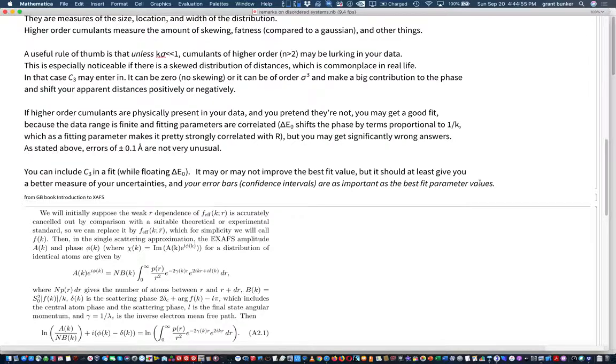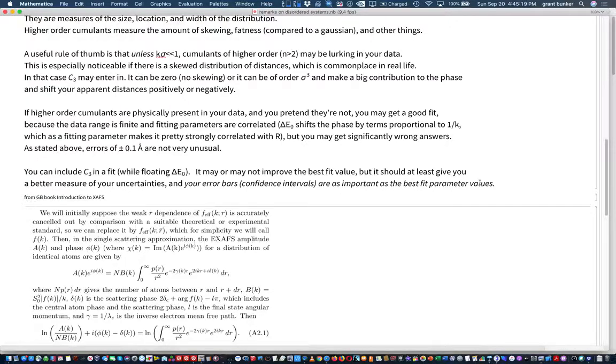If it's not that small, then you have to at least be thinking that higher cumulants might be lurking in your data. That's how I think about it anyway. They may be making a significant contribution to your data, and if you're going to try to model it, you should make sure you include that.